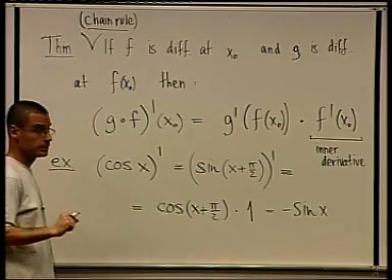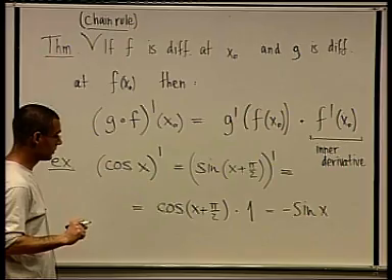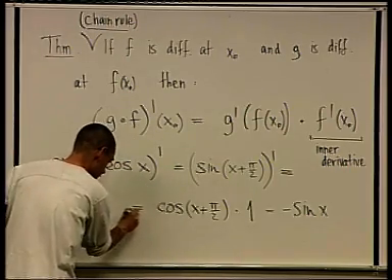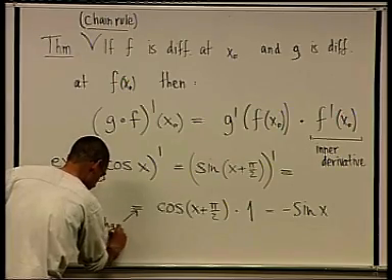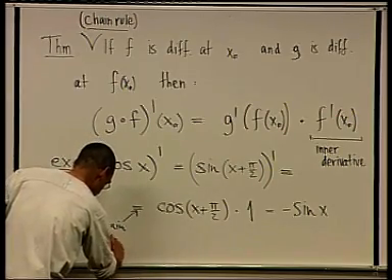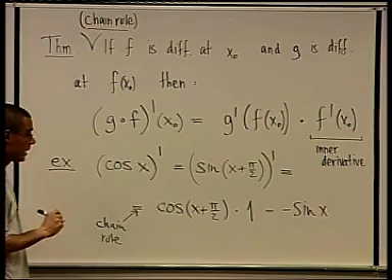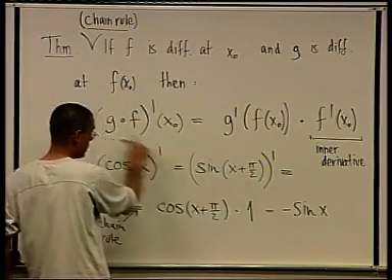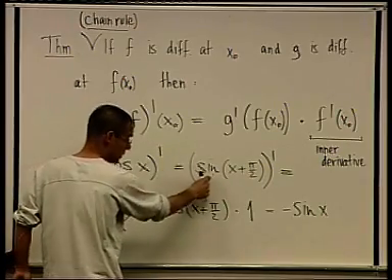Yes? What do you get from the step of sine of x plus pi over 2? From here to here? Chain rule. Precisely this theorem up here. This is a composition of two functions. The outer function, the g, is sine.